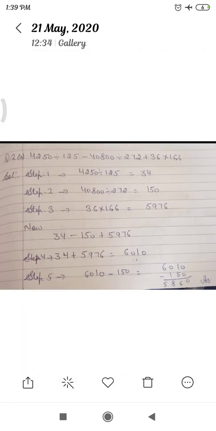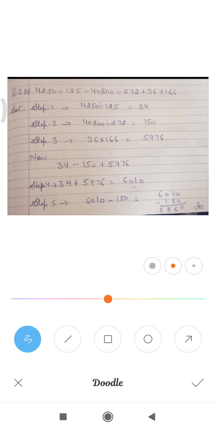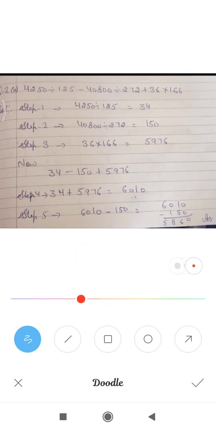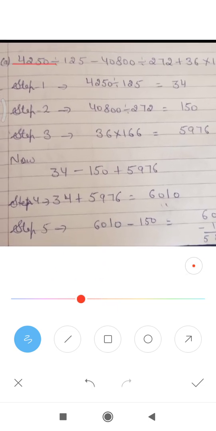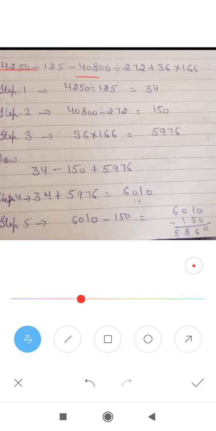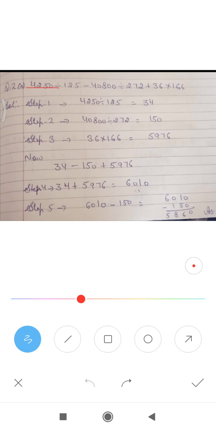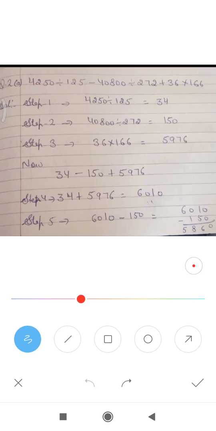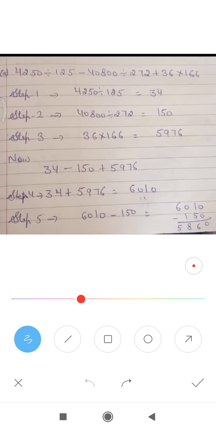Question second A. 4250 divided by 125 minus 40,800 divided by 272 plus 36 multiplied by 166. Remember again BODMAS. Bracket is not given, of is not given, division is given. First we will solve in step 1 division.